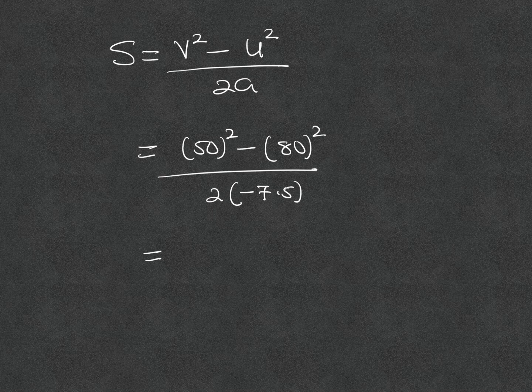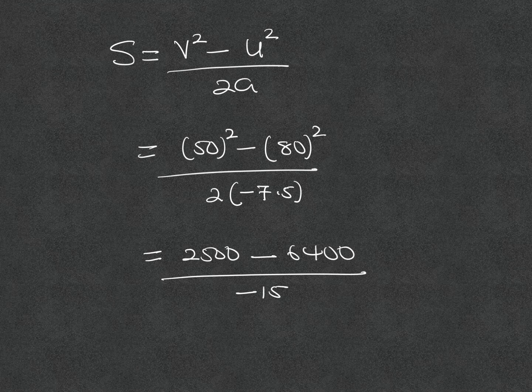So that will be 50 squared is 2,500, minus 80 squared is 6,400, divided by 2 times negative 7.5, which is negative 15.